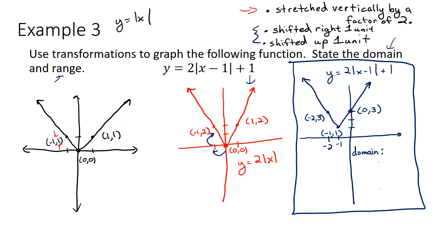Like all absolute value functions, the domain is all real numbers. The range in this case, lowest y value to highest, the lowest y value is +1, and it goes forever up to positive infinity.